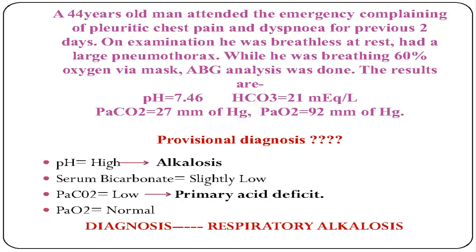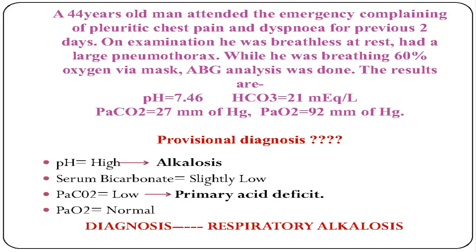Now in the exam you will be expecting these types of questions. A 44 year old man attended emergency complaining of pleuritic chest pain and dyspnea for the previous 2 days. On examination he was breathless at rest, had a large pneumothorax while he was breathing 60% oxygen via mask, that is high flow oxygen.